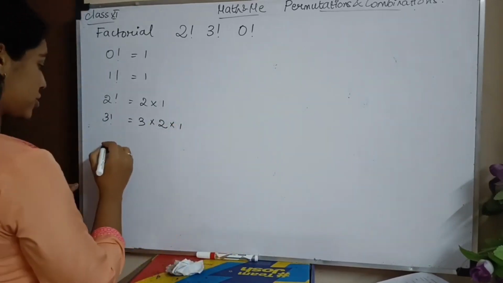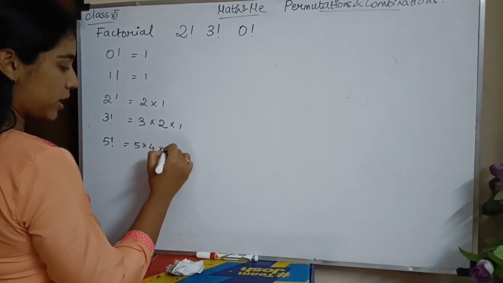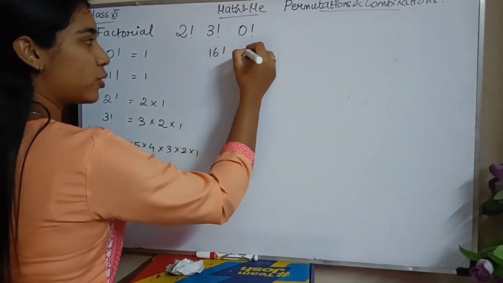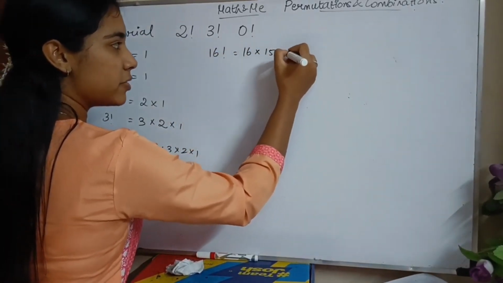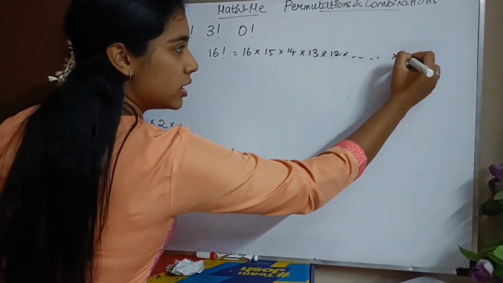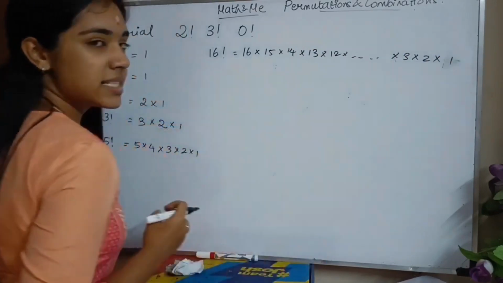This is your factorial notation. 5 factorial will be 5 times 4 times 3 times 2 times 1. 16 factorial will be 16 times 15 times 14 times 13 times 12 and so on, times 3 times 2 times 1.